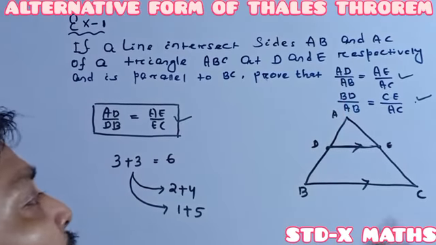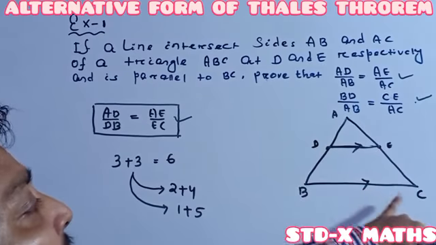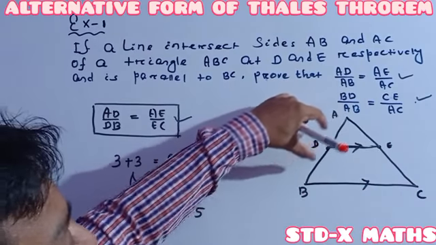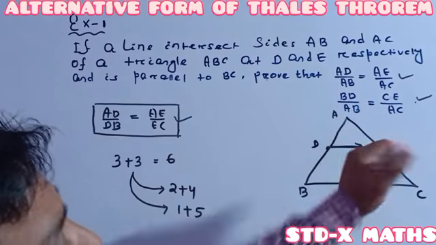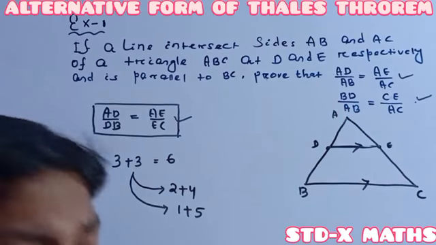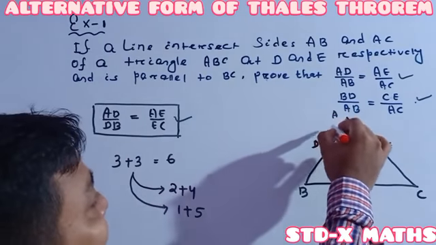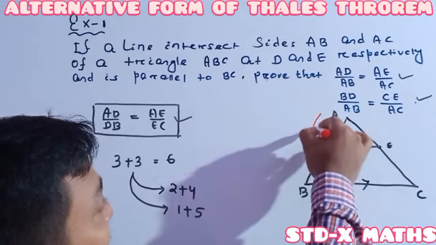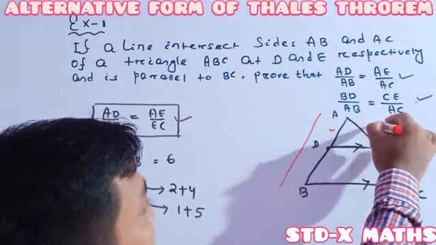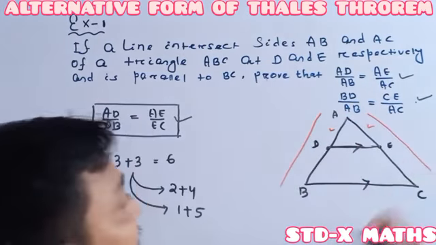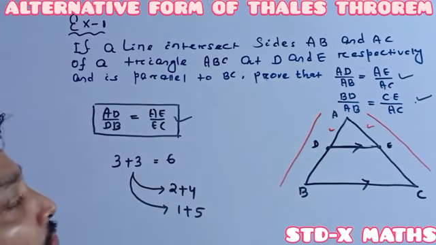A question may come that whenever DE is parallel to BC, you have to prove that this one by this one is equal to this one by this one. It is the Thales theorem. Otherwise one can say that this little one divided by the larger one is the same as this little one divided by the larger one. Understood or not understood?